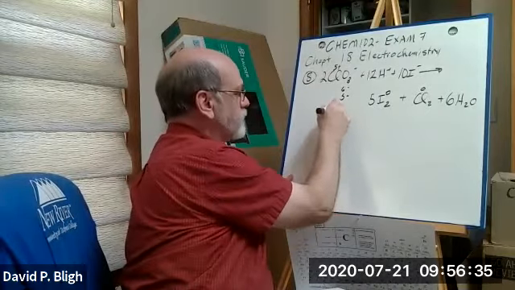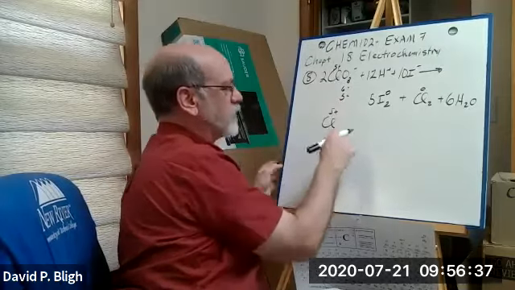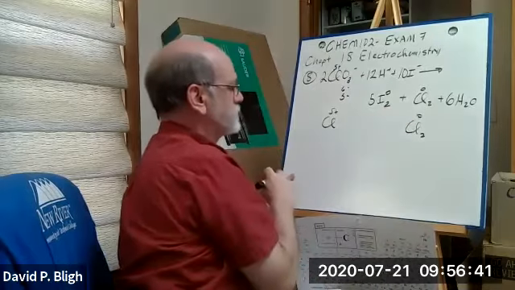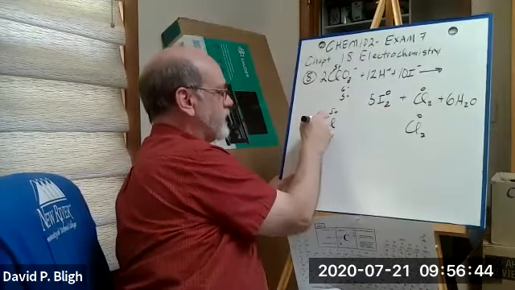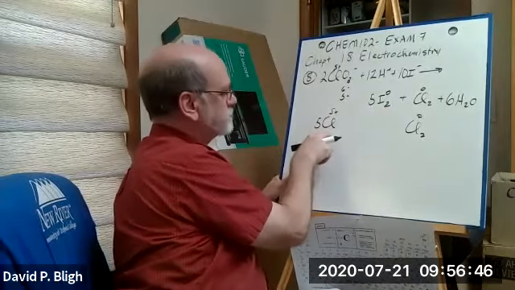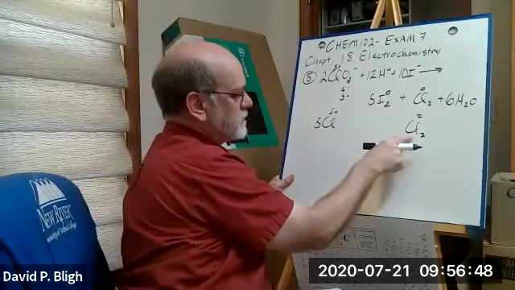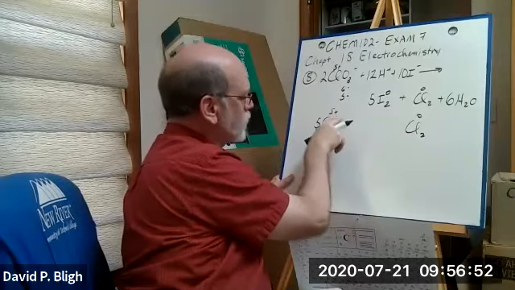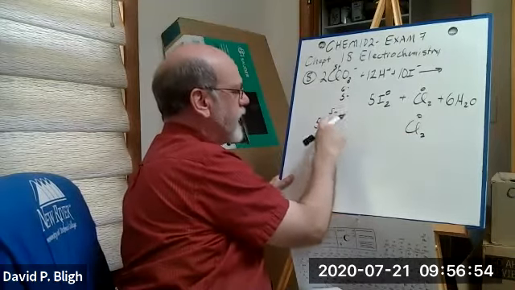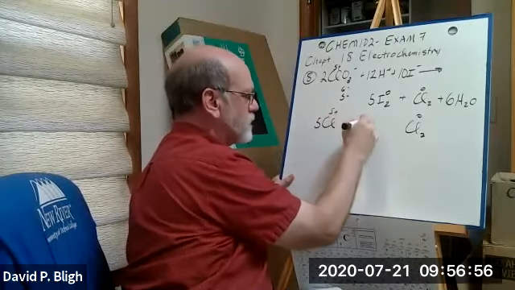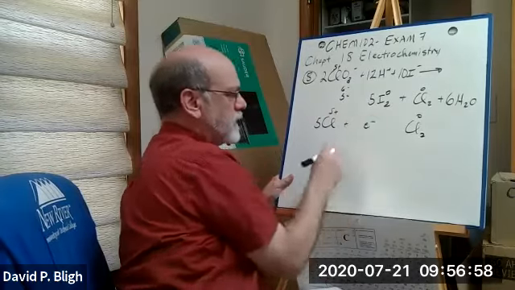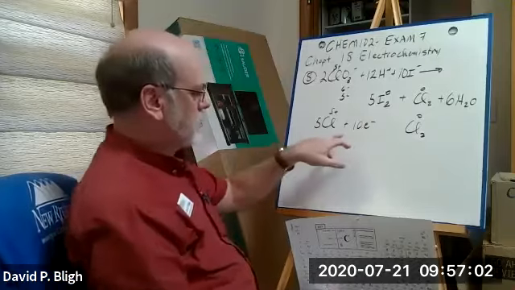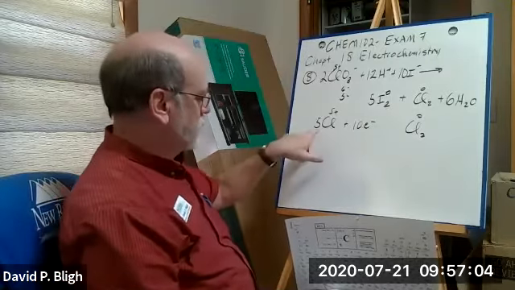So chlorine 5 plus, and I'm just going to write the chlorine part, to chlorine 0. I will write 5 now. We have 5 of them, and 2 up here, so we had to add 5 electrons per, but we've got 2 chlorine, so that means 10 electrons. So let's see if that works.